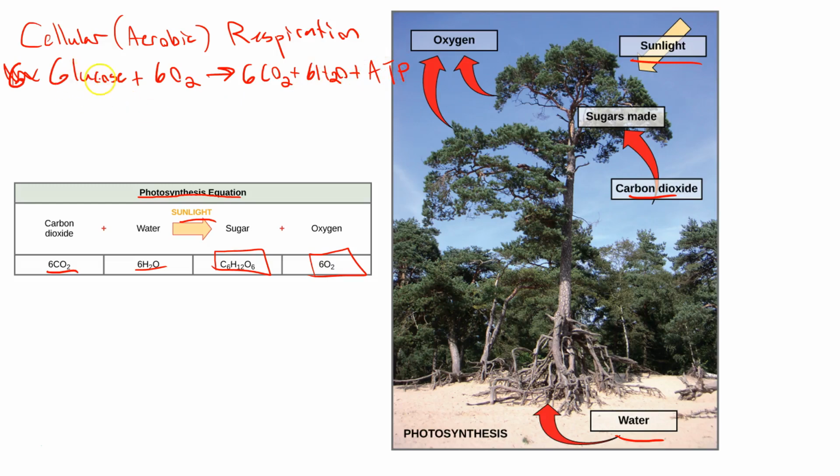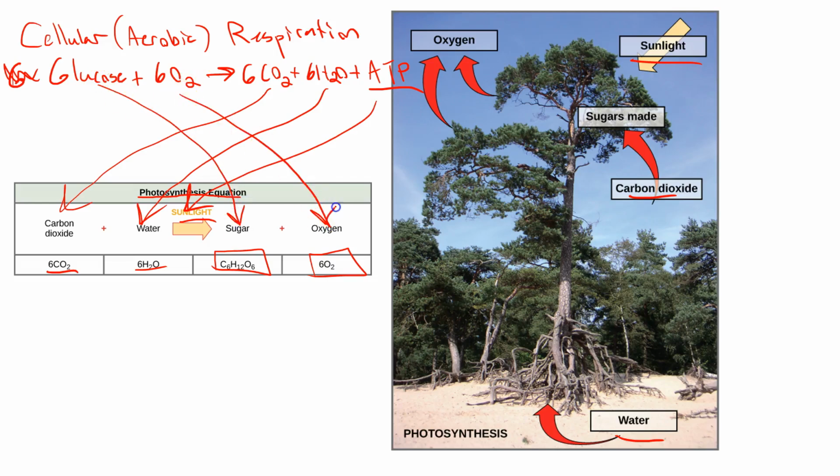So you have glucose adding to oxygen and making carbon dioxide, water, and energy, so to speak. But in this equation, you have carbon dioxide being added to water, and you add a little bit of energy into the mix, and you make sugar and oxygen. So you can see it's just a flip-flop.